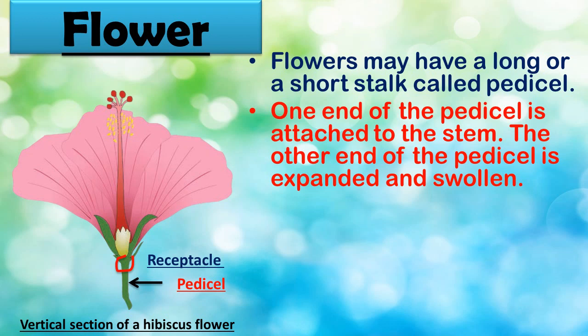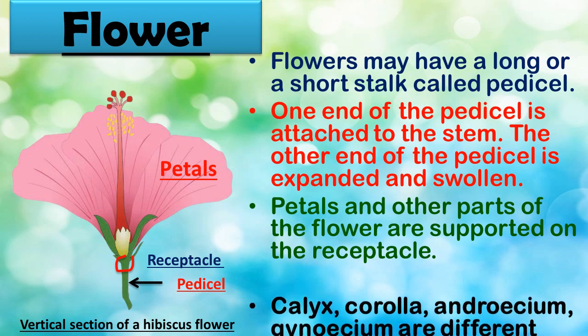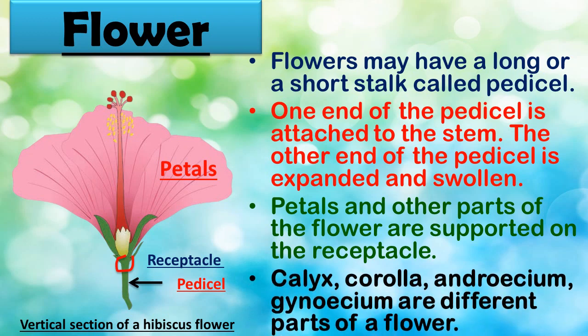That means various parts like calyx and corolla, these are the different parts of a flower which are supported by the receptacle. Petals are the brightly colored part of a flower. Calyx, corolla, androecium, and gynoecium are the different parts of a flower. So let's understand about these four parts of a flower.